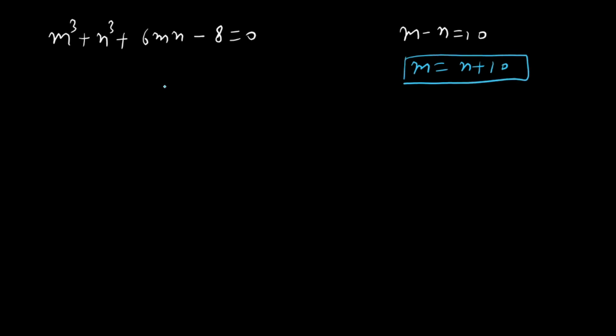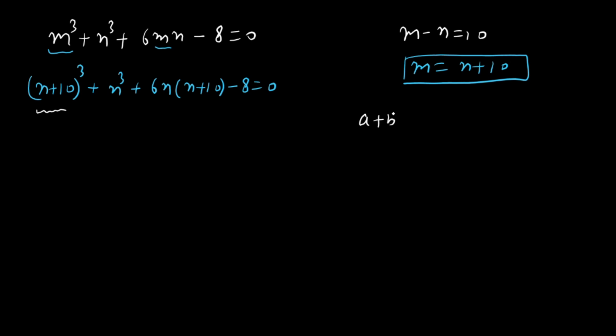Now m is replaced by n plus 10, so we get (n plus 10) bracket power 3 plus n cube plus 6n times (n plus 10) minus 8 equals 0. We know that (a plus b) whole cube is a cube plus b cube plus 3a square b plus 3ab square.